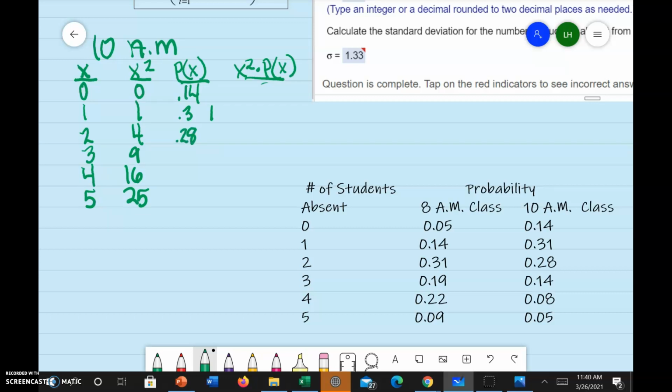I'm just copying my probabilities. Now I just multiply here.